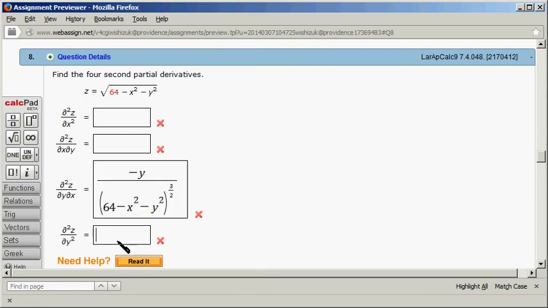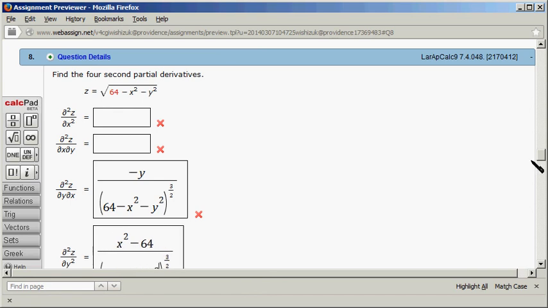And the second partial with respect to y, we found that to be x squared minus 64. Actually, maybe I'll do a fraction. x squared minus 64 over a quantity raised to the 3/2 power, 64 minus x squared minus y squared.